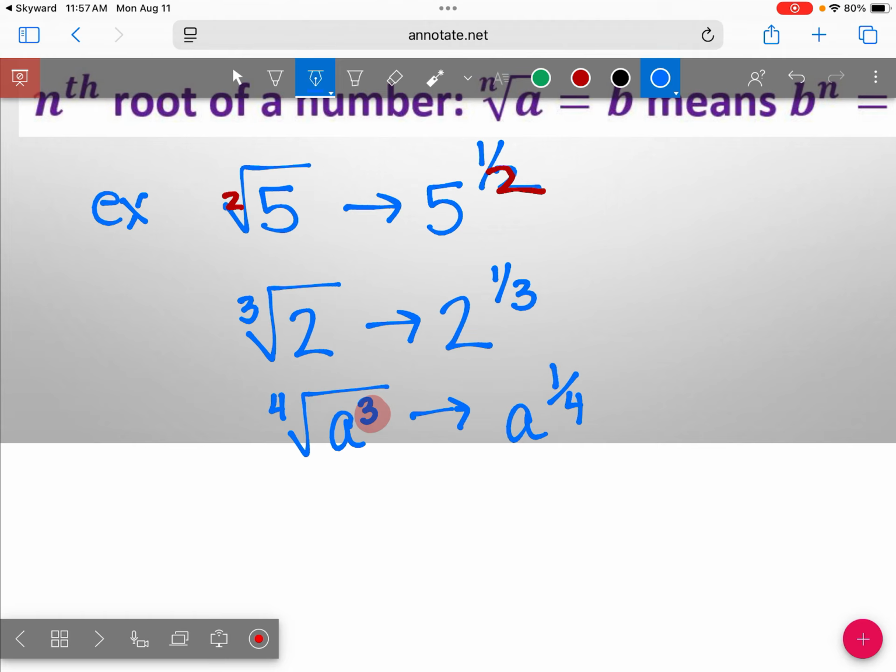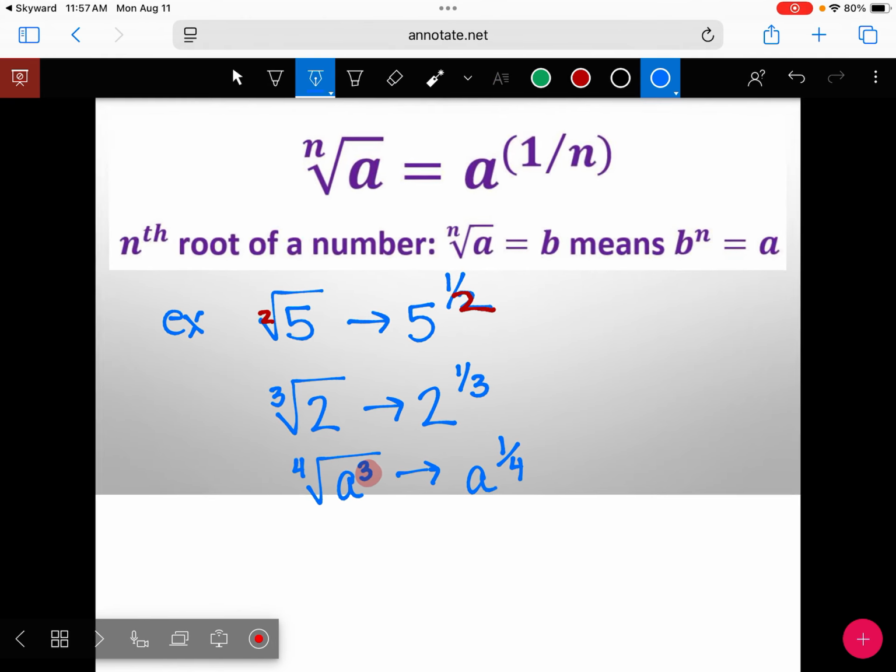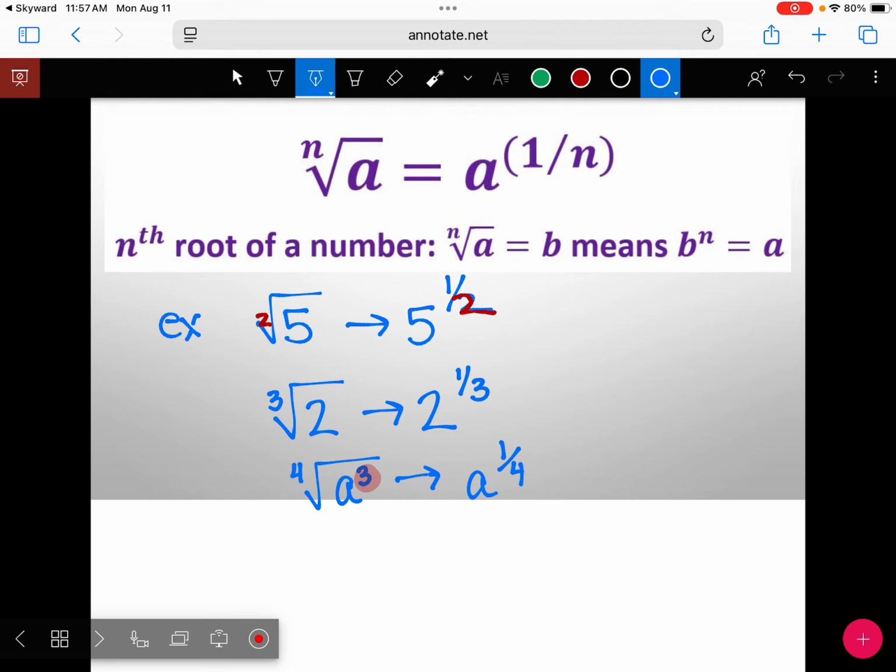So that's just something to keep in mind. So when you have your exponent, the denominator, we call that the root or the index. And the numerator is your power. And we will have time to focus on that again shortly.